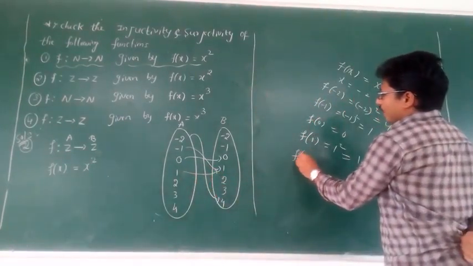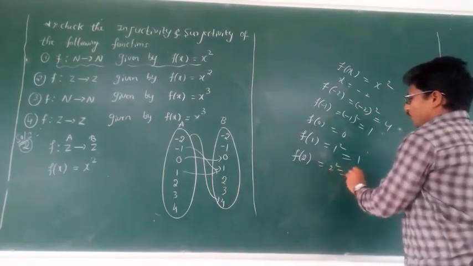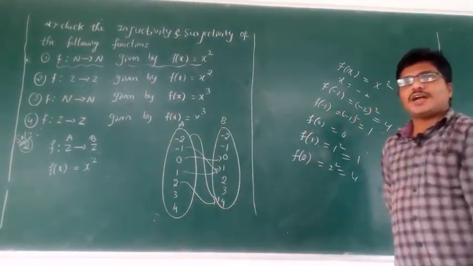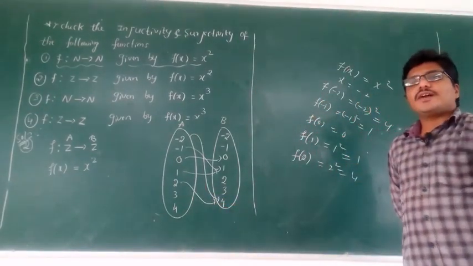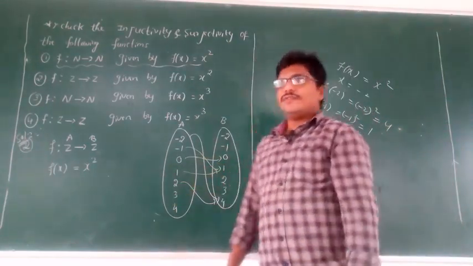If we fill in the value 2, what happens? 2 square is equal to 4. 2 is again connected with 4. What happened to this function? It is not one-one because more than one element has a single image, the same image.